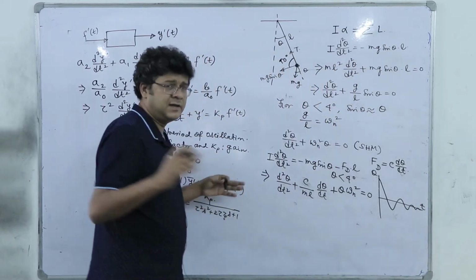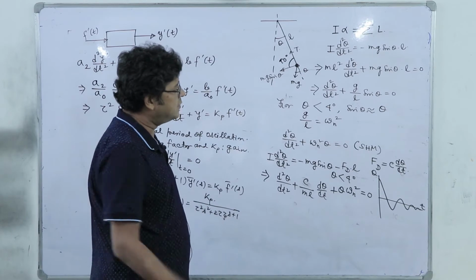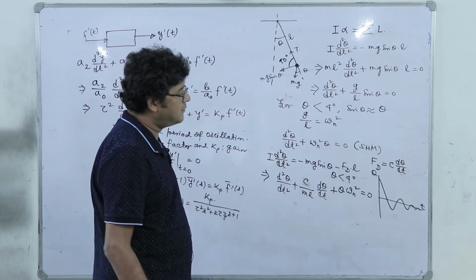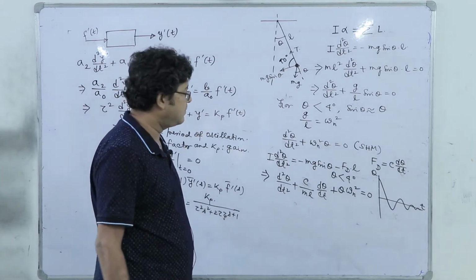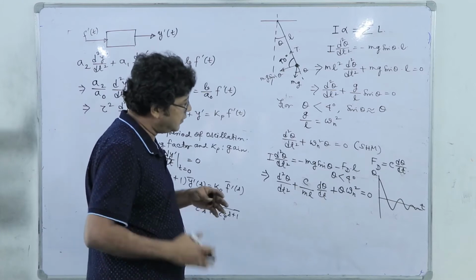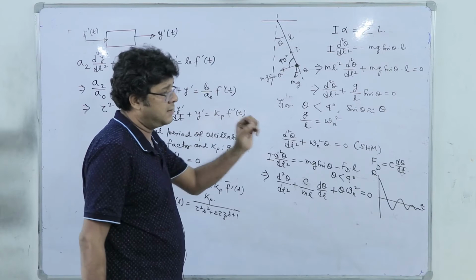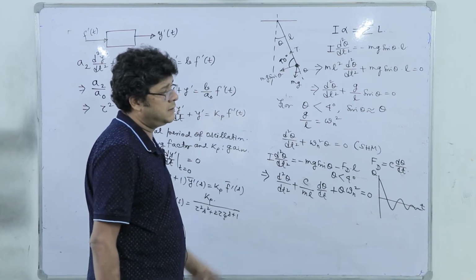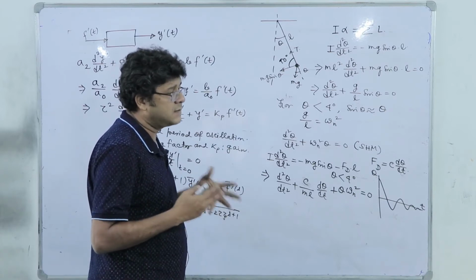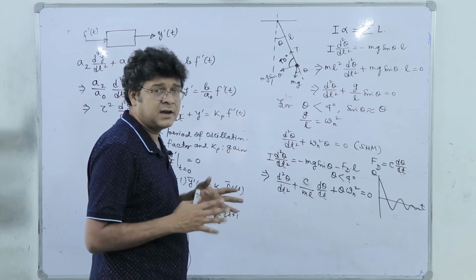Finally, the oscillation will die down. Now, in order to sustain that oscillation, what do we have to do? We have to give a forcing function, and for this oscillation to sustain, we definitely have to give typically a periodic force.